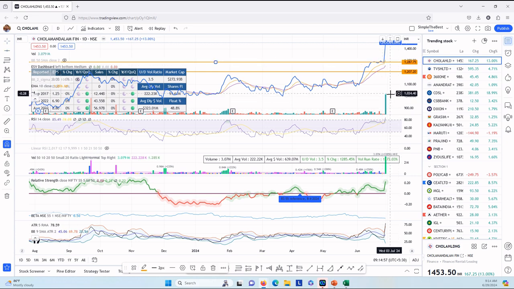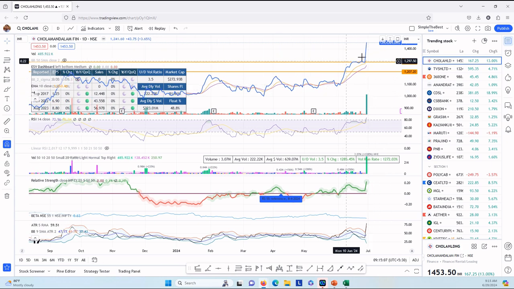Yes, I see there is huge volume delivery, so there is some catalyst inside, but the risk reward is not in favor. This is my risk, and this is the reward, so it's too high. I always prefer to focus on risk reward because probability works on large numbers, so I cannot trust it if the reward is not in favor.